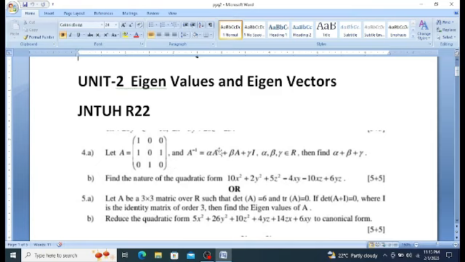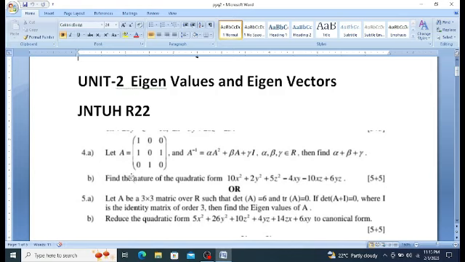After getting the A inverse, from that equation you need to get the coefficient of A square, the coefficient of A and the coefficient of I, and sum all those constants to find alpha plus beta plus gamma. That gives the final answer.